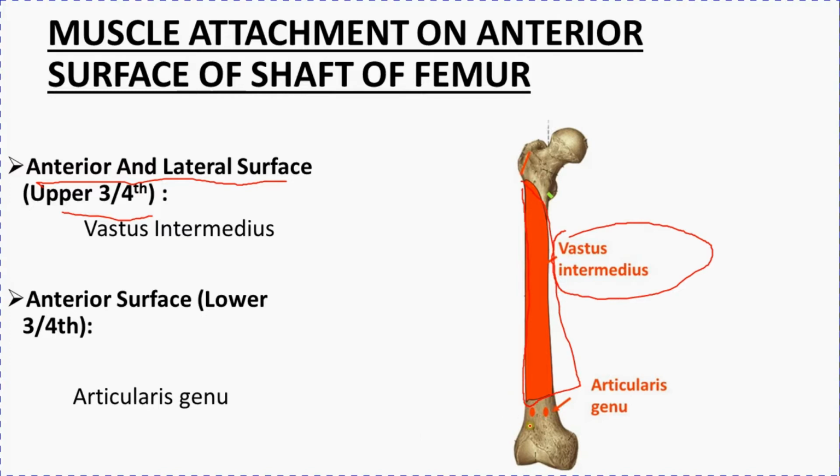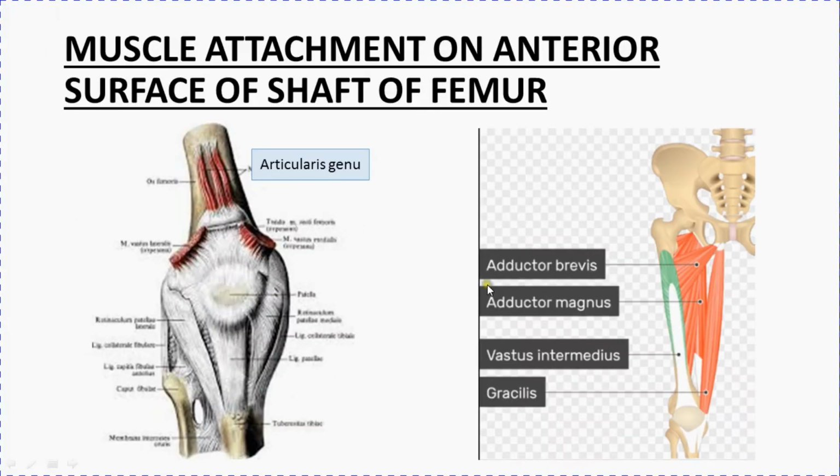From the lower 1/4 of the shaft of the femur, another muscle arises, which is called the articularis genu muscle. Now look over here. This is the vastus intermedius muscle, and you can see it is arising from the anterior and lateral surface, the upper 3/4 of the shaft of the femur.